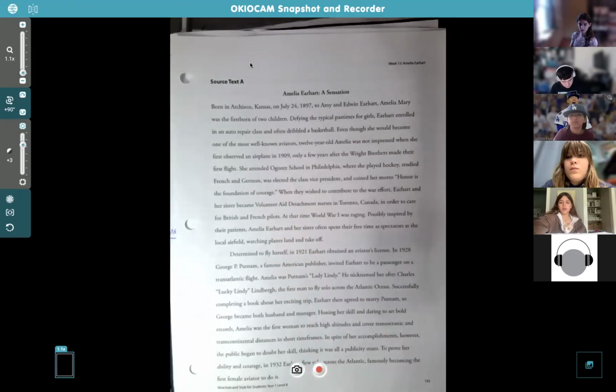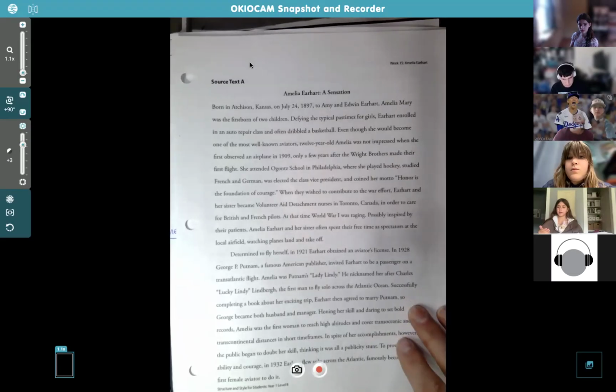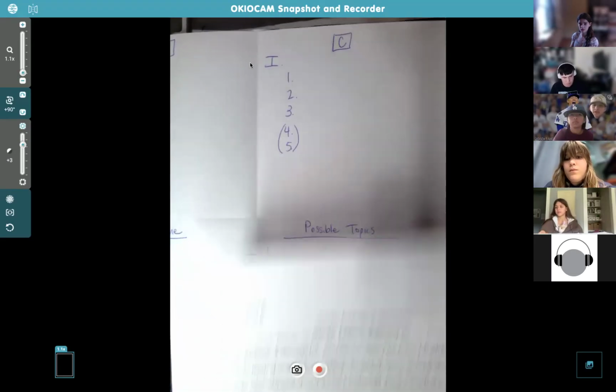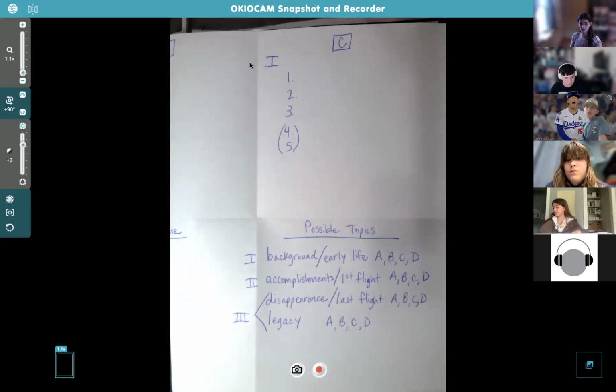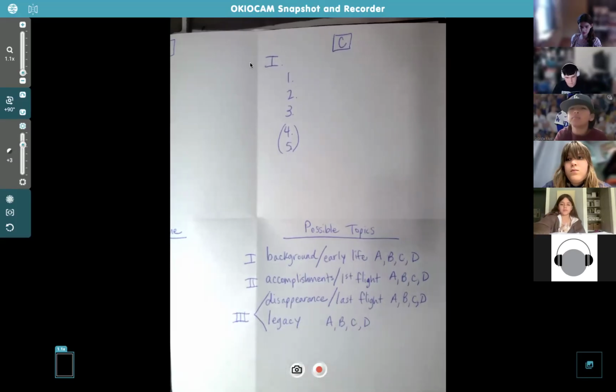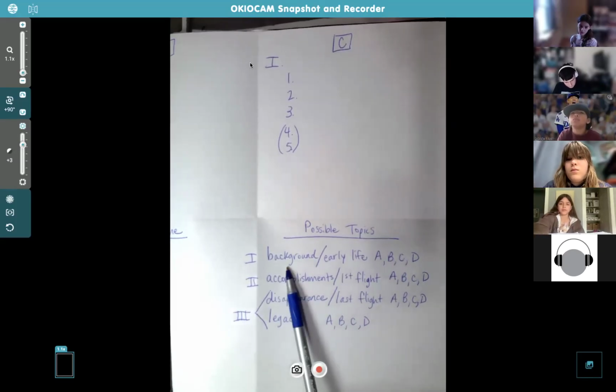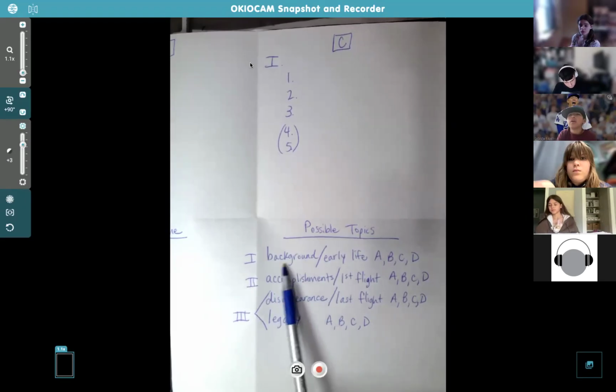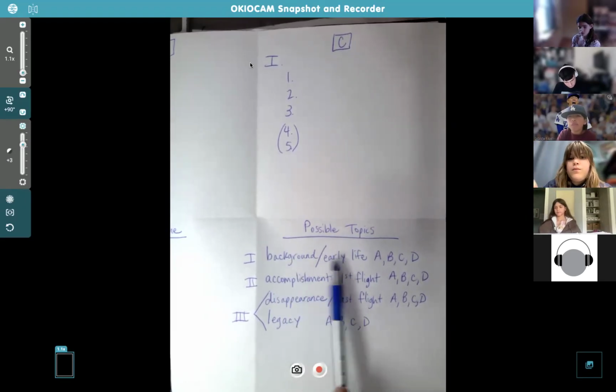I think it goes in order with all of the paragraphs. On every article? Yeah, so the first one we read and then we skimmed and it sounded like the exact same thing, so we just wrote it because there were four paragraphs in each. Okay, that makes it easy. There you go, Tyler. It's in this order, and there's only four paragraphs in each article, so that makes it easy. All right, so it sounds like everybody's going to start with background and early life.